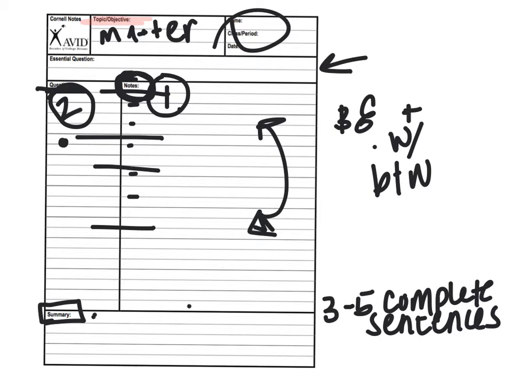So don't start the summary with, today we talked about matter, the notes today were about matter, today we learned about the characteristics of matter, or the topic today was matter. You're not writing a fluff sentence that doesn't mean anything. You're writing actual things in your own words, making connections between the examples and the definitions.